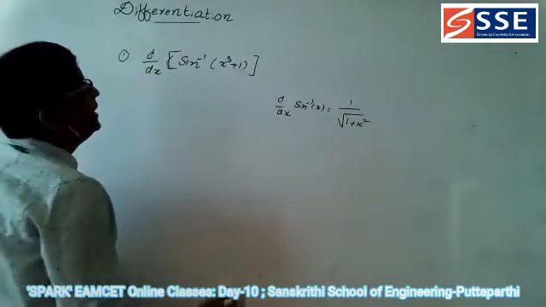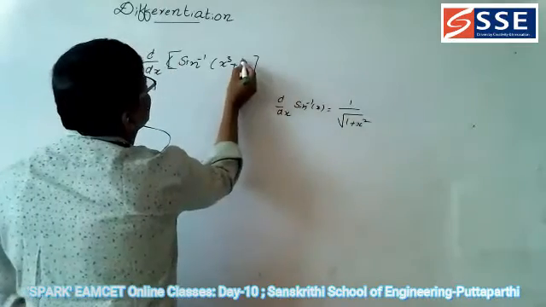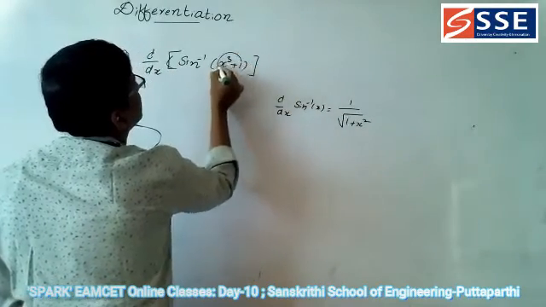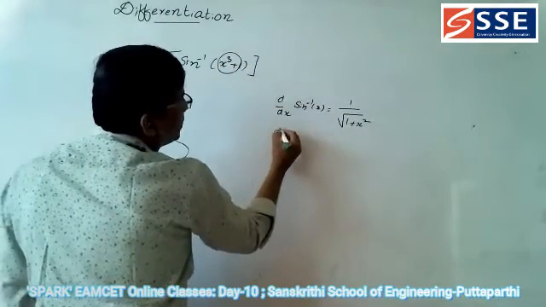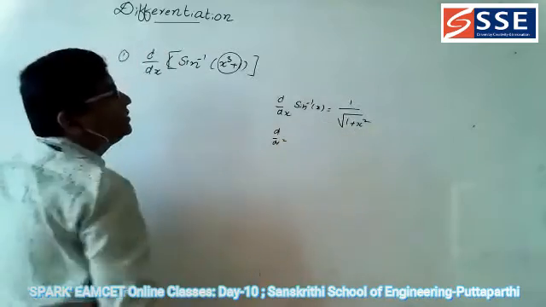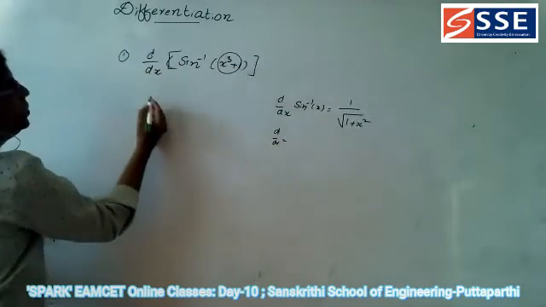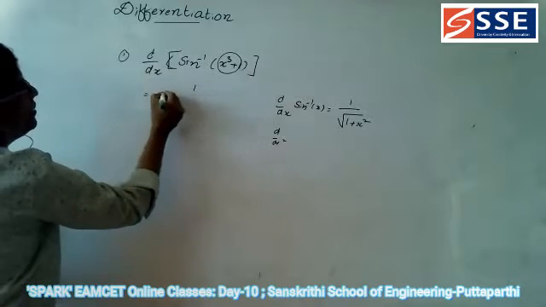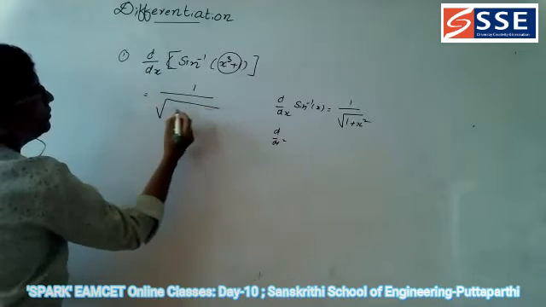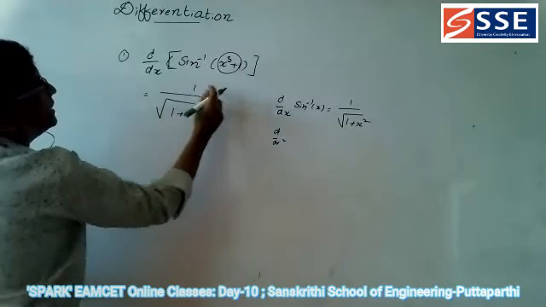Let us consider this x as x cubed plus 1 here. So then what is the formula for d by dx of this one? According to the formula, 1 divided by root of 1 plus x square.